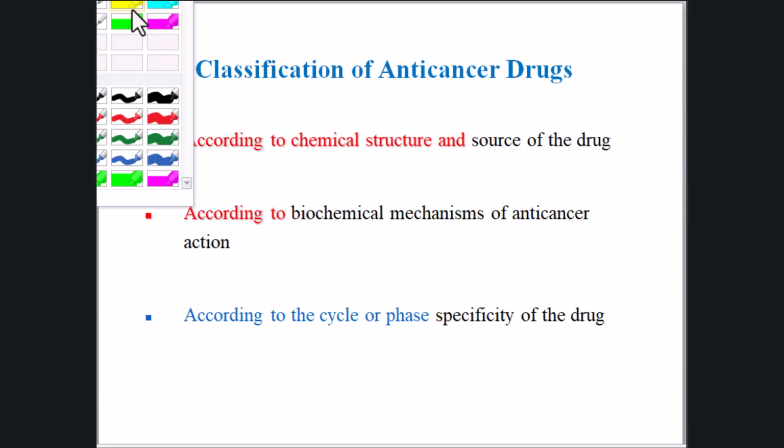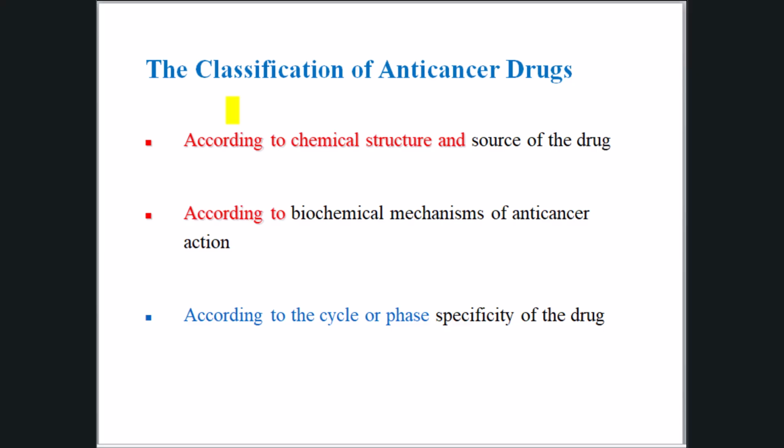Okay, here is the classification of anti-cancer medications. There are different classification methods, but we'll see the general classification methods.